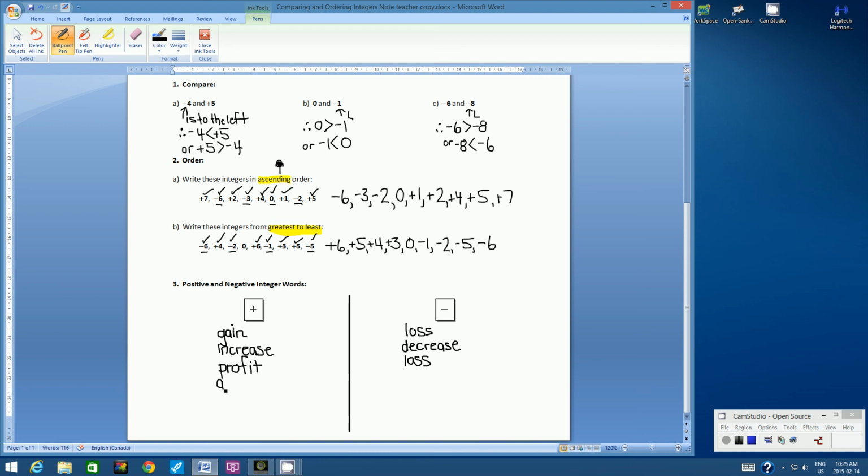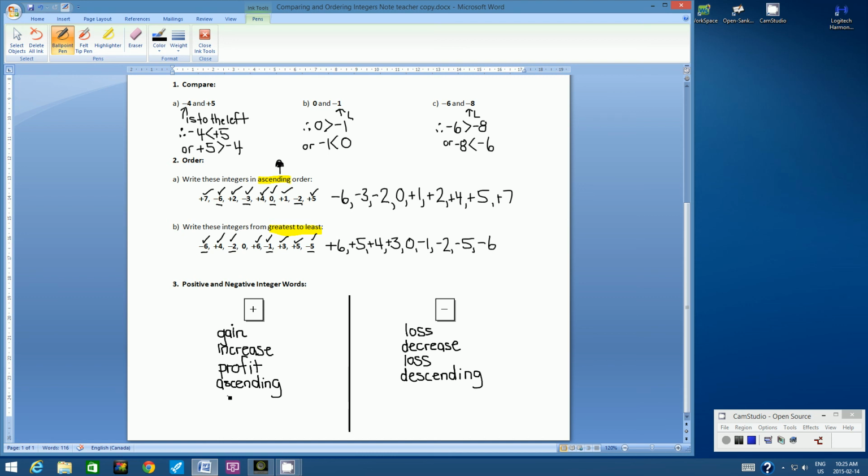Okay, so something else that we know of, ascending. And the opposite word is descending.